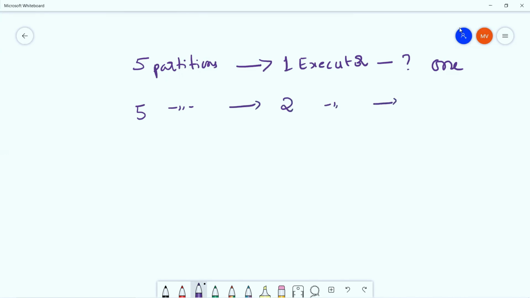What would the parallelism be? It is going to be 2. So if you see, whichever number is smaller, that is going to be the parallelism. That is a kind of trick, but you need to understand the logic of why it is happening. Let us say now we have 10 partitions and 5 executors. What would the parallelism be? It is 5. I hope with these examples you understood partitions and also how parallelism works.